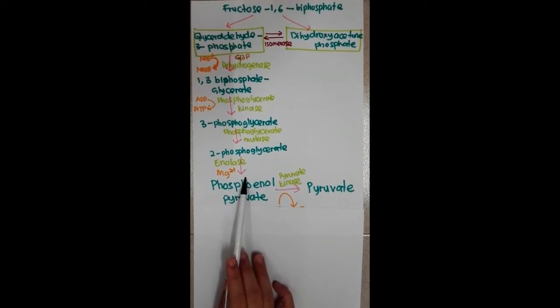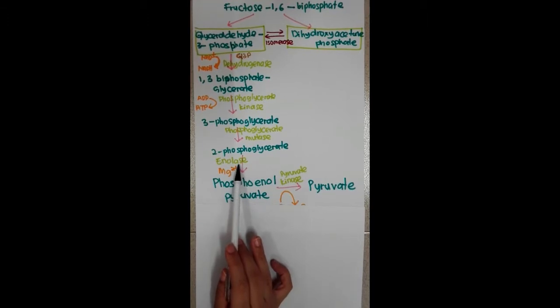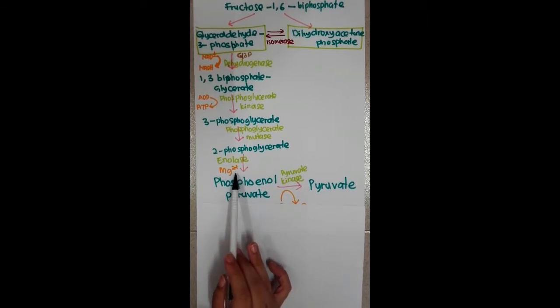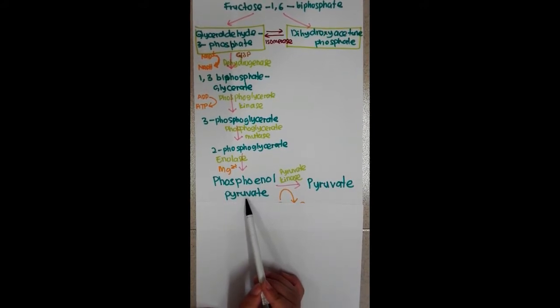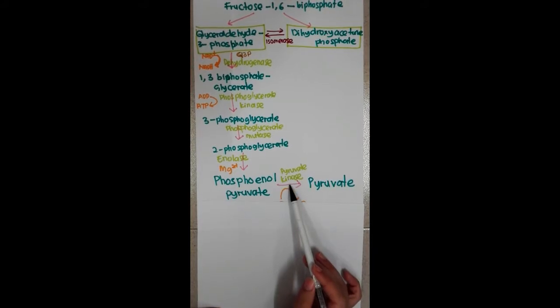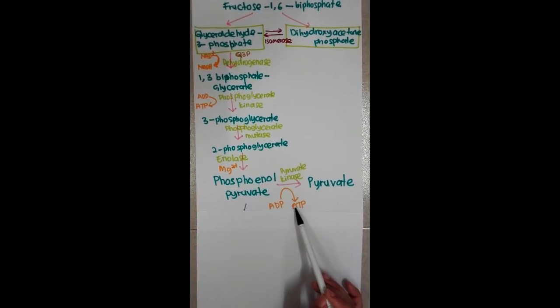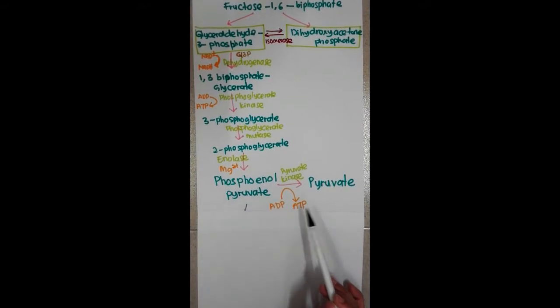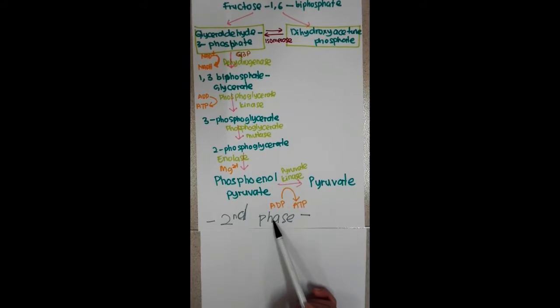This reaction is carried out with the help of the enzyme enolase and magnesium ion. Phosphoenolpyruvate will then be converted into pyruvate with the help of the enzyme pyruvate kinase. In this reaction, another molecule of ATP is produced. This is the second phase of glycolysis.